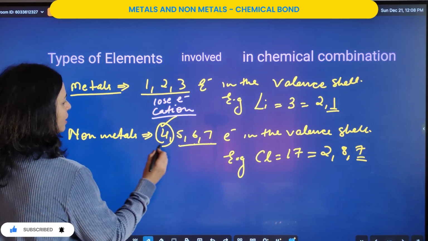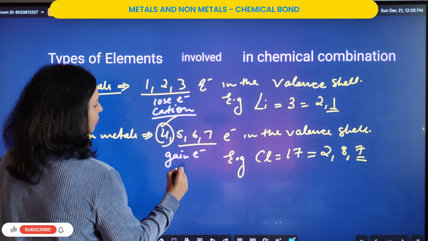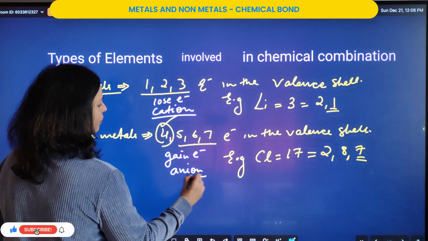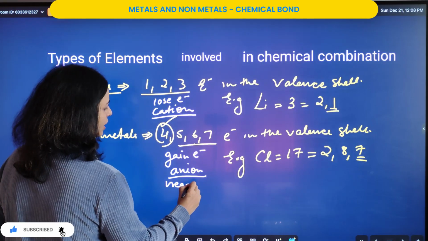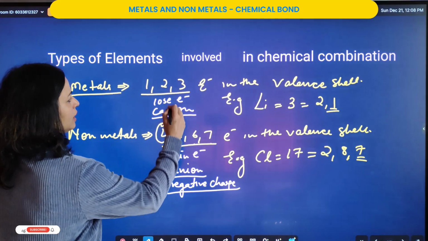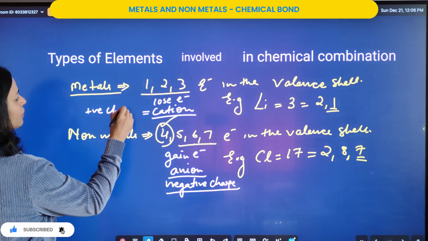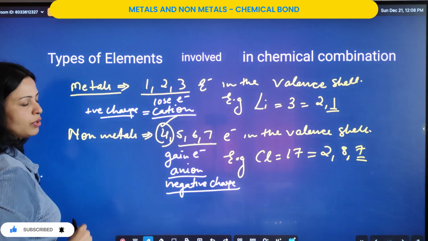Non-metals always gain electrons and become anions. Anions are negatively charged, and when metals lose electrons, they become cations and attain a positive charge. This you should understand.